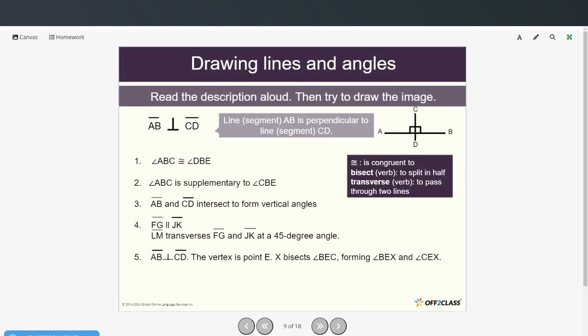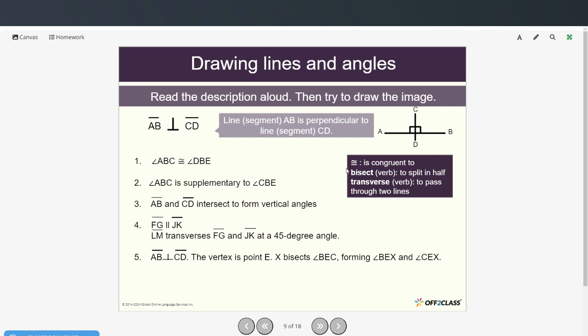Okay, so read the description and then try to draw the image. So here we have line segment AB is perpendicular to line segment CD. Okay, so line segment ABC is congruent with DBE.